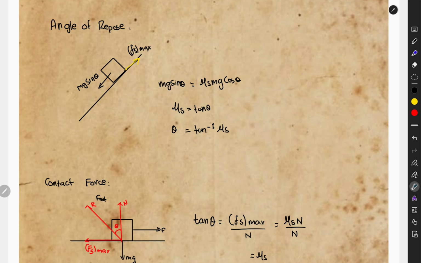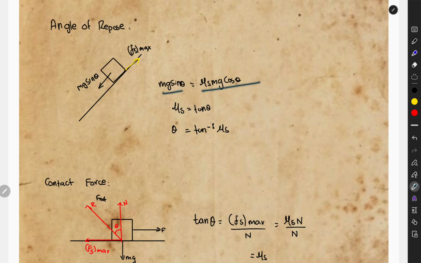In this case mg sin theta and static friction force are acting, and when the force is just above the maximum static friction, the block will start moving. When they are equal, it will start moving in the next moment itself.